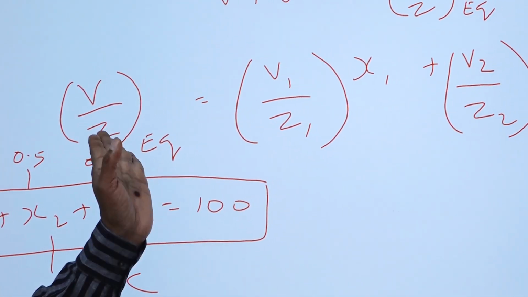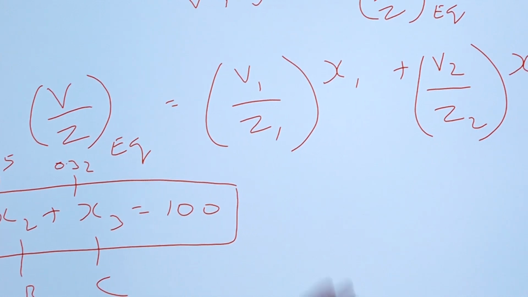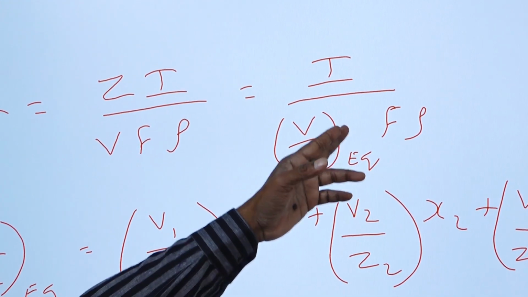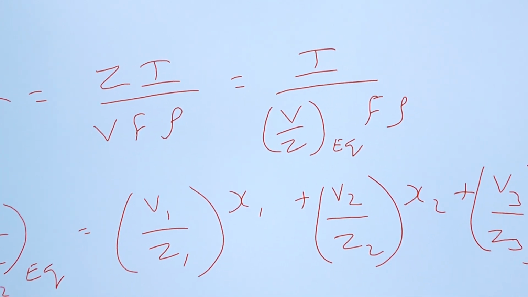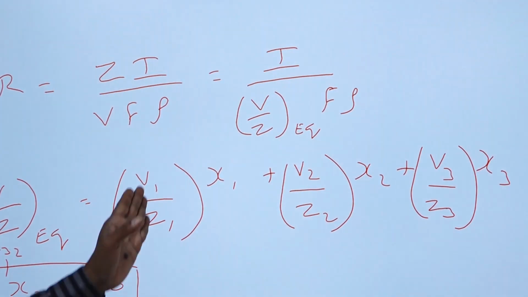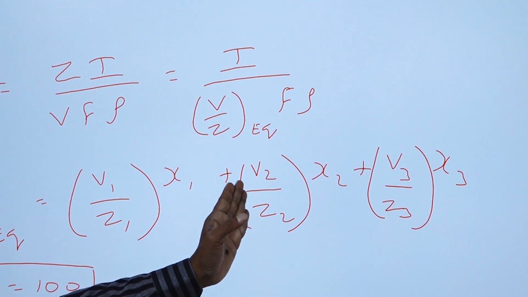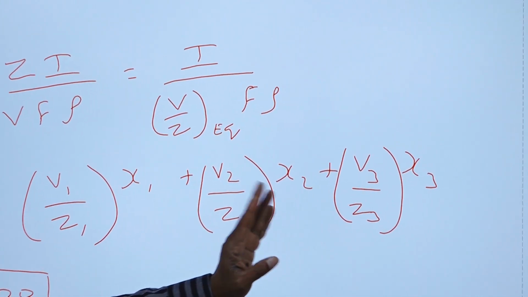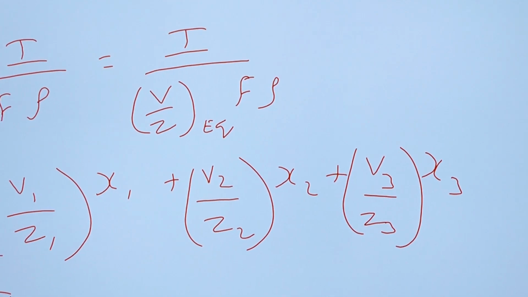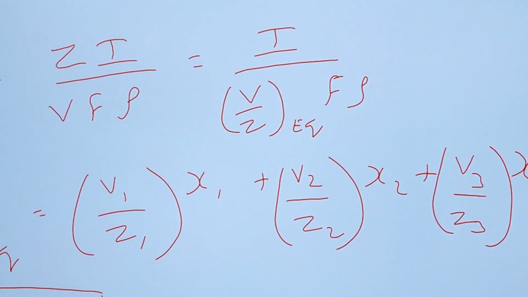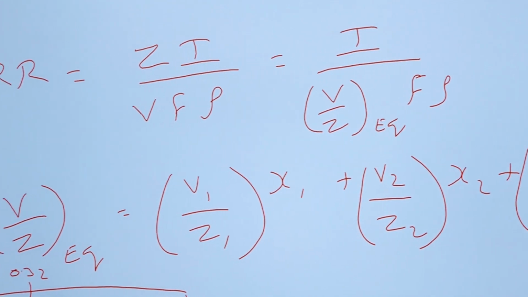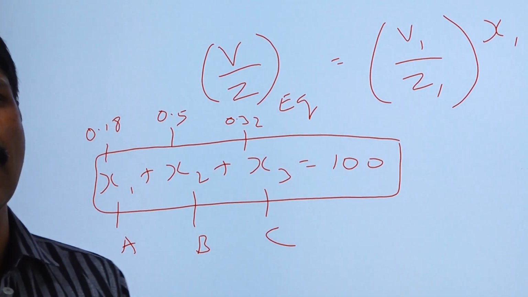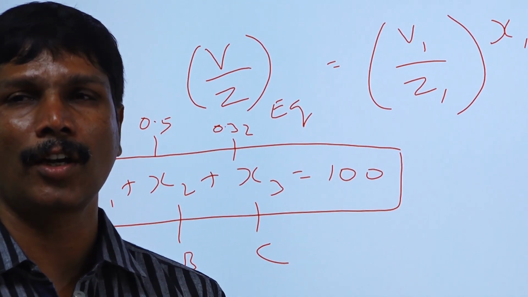So we have to find the equivalent V by Z. Instead of the previous formula, we use I divided by (V by Z equivalent) times F into ρ. The V by Z equivalent can be calculated as V1 by Z1 times X1, plus V2 by Z2 times X2, plus V3 by Z3 times X3, where X1, X2, X3 are the percentage compositions, and V and Z are the corresponding valency and atomic weight.